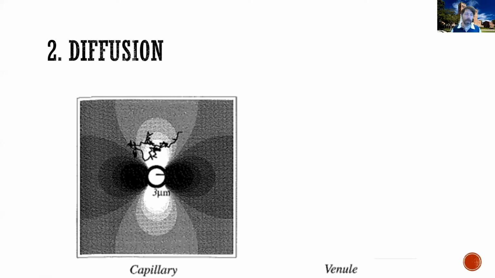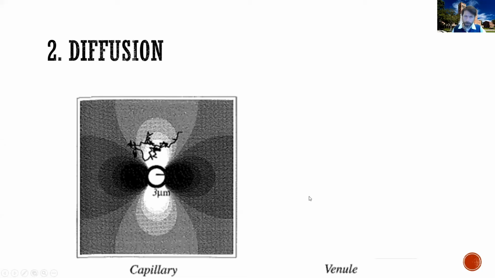So diffusion, in a sense, attenuates the effect of deoxyhemoglobin on the field. So would the signal be stronger or weaker with diffusion around the capillary? It'd be stronger, right? Just because of diffusion, the signal will be a little bit stronger in and around capillaries.